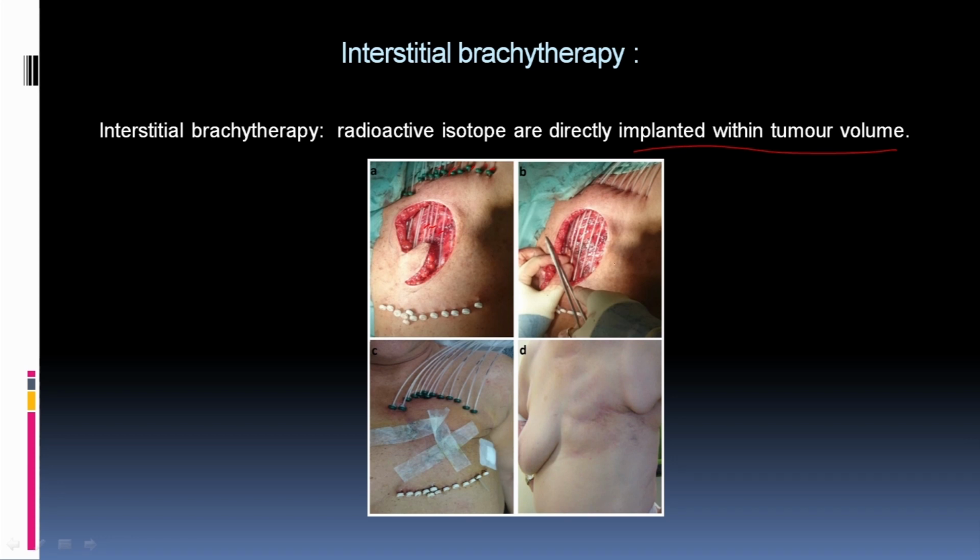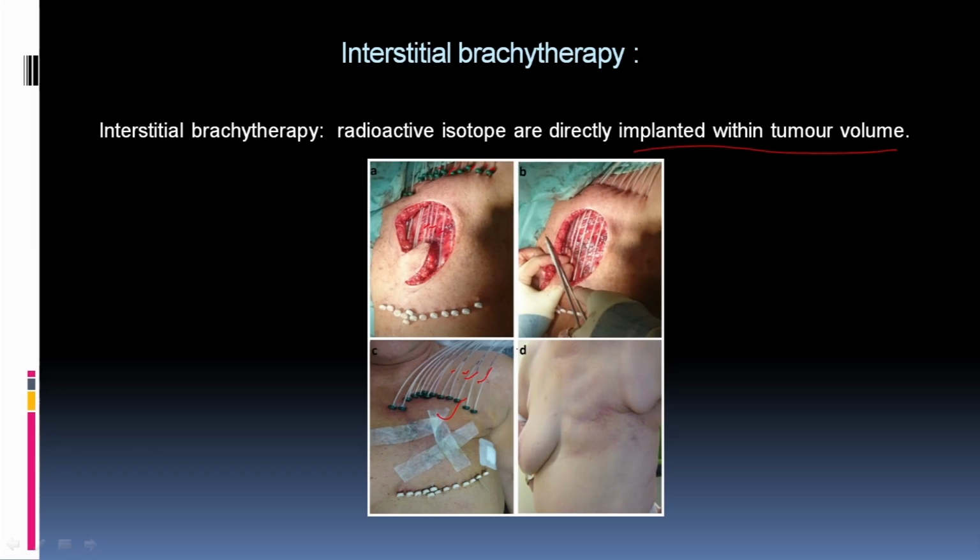We open this one and remove the tumor, and we place the radioactive isotopes, and these are closed, and we get this type of application. We can give the radiation through these tubes, which are connected with our brachytherapy machines, and we treat according to our treatment plan. So, this is interstitial brachytherapy, where radioactive isotopes are directly implanted within the tumor volume.